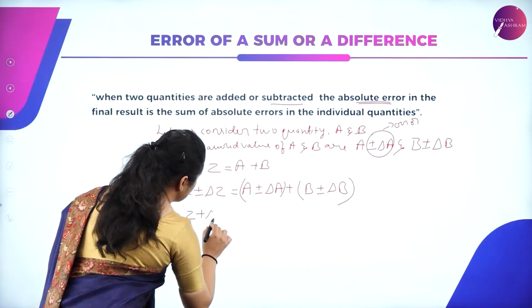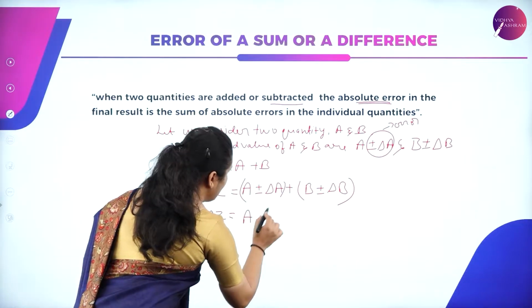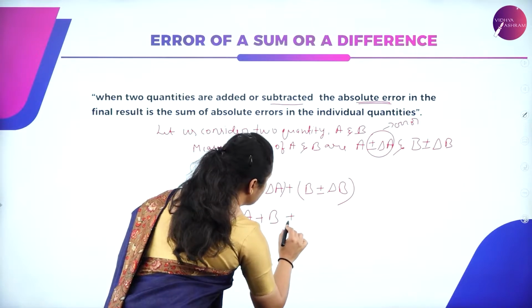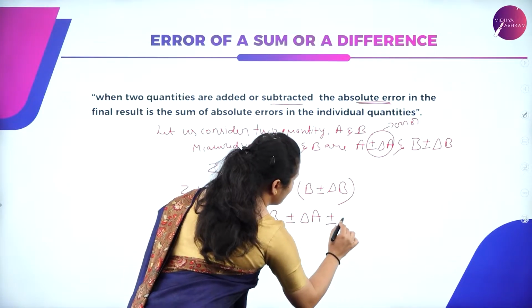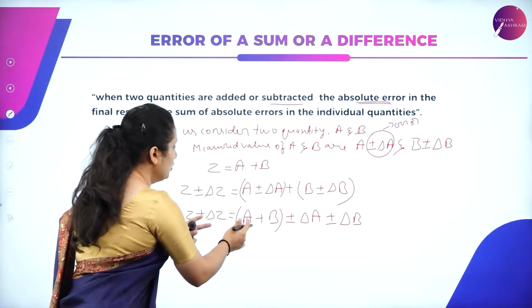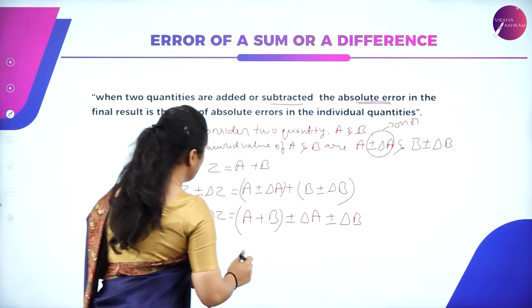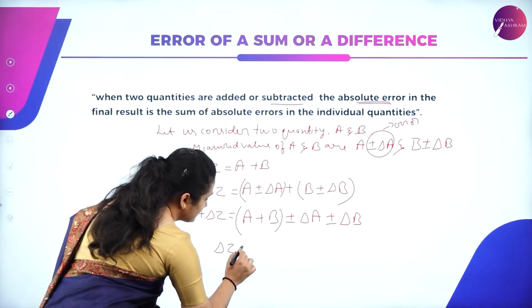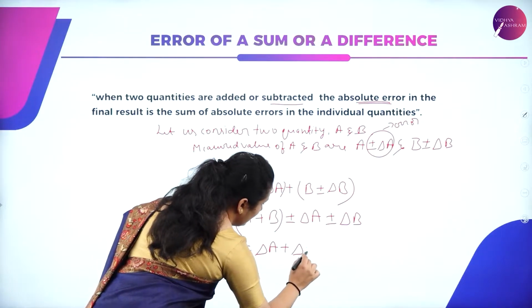Z plus delta Z is equal to A plus B plus or minus delta A plus or minus delta B. You can see here, there are two quantities, A plus B plus or minus delta A plus or minus delta B. So, the error will be delta Z is equal to delta A plus delta B.